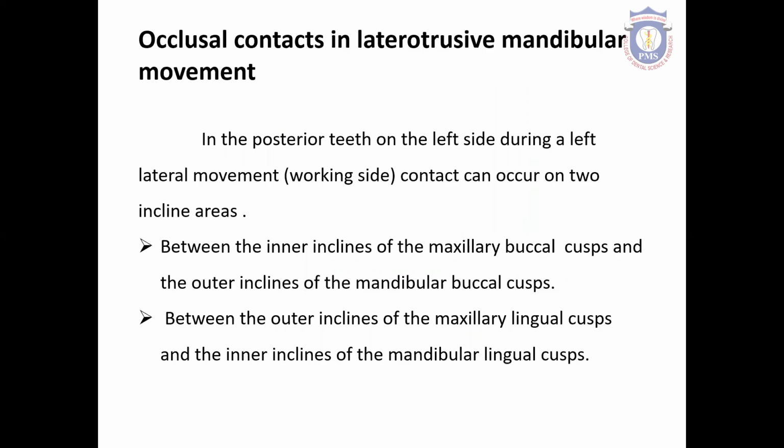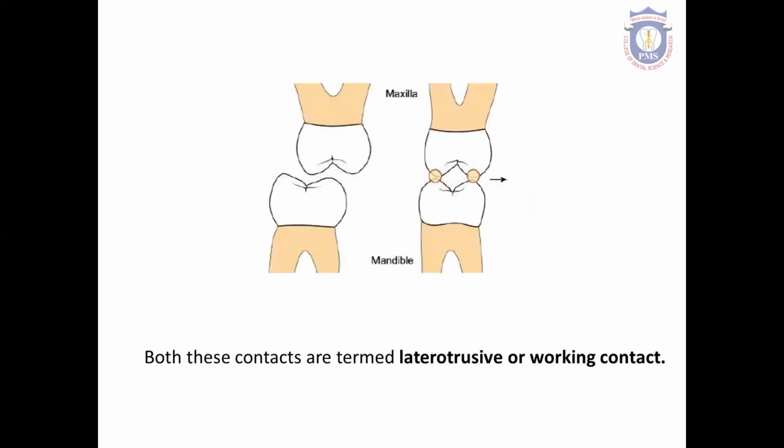In the posterior teeth on the left side during a left lateral movement, which is again called the working side, contact can occur on two inclined areas: between the inner inclines of maxillary buccal cusp and outer inclines of mandibular buccal cusp, and between the outer inclines of maxillary lingual cusp and inner inclines of mandibular lingual cusp. Both these contacts are termed laterotrusive or working contact.